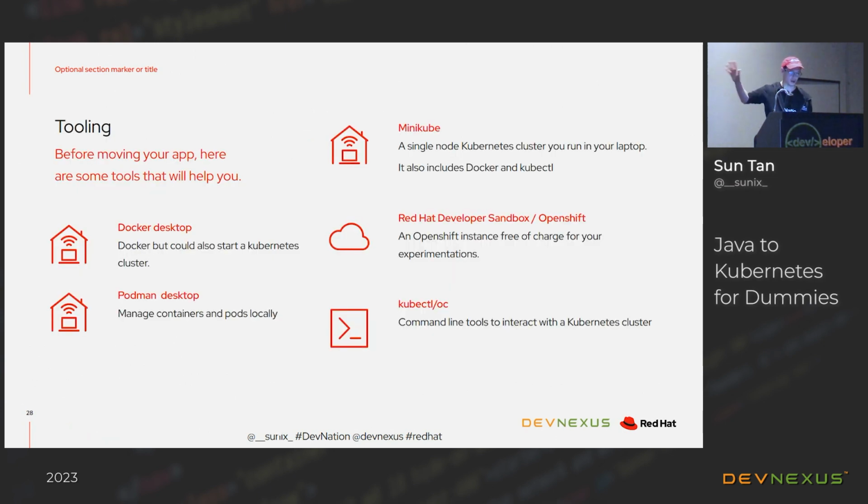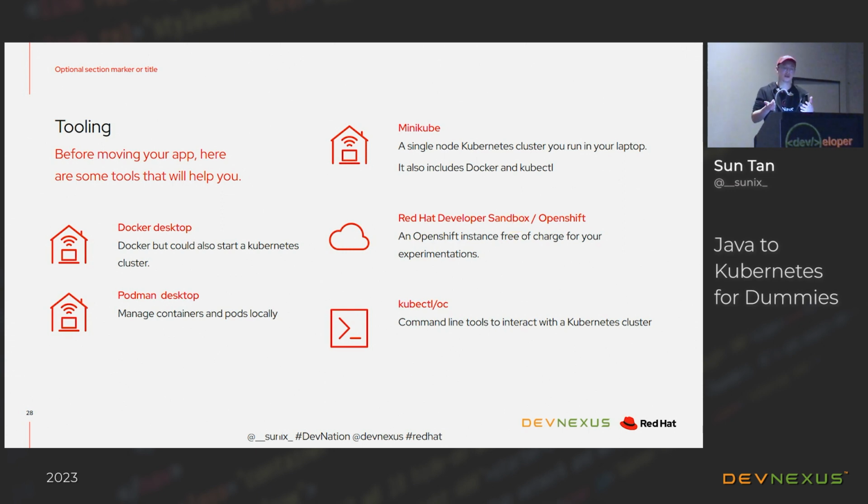If you want to give Kubernetes a try, here I'm listing some tools. Minikube is what I'm using on my machine because I'm running on Linux. I think it's the easiest one to use. If you're running on Mac or Windows, you could use Docker Desktop or Podman Desktop. If you want to try something in the cloud, at Red Hat we have our own distribution of Kubernetes, called OpenShift.